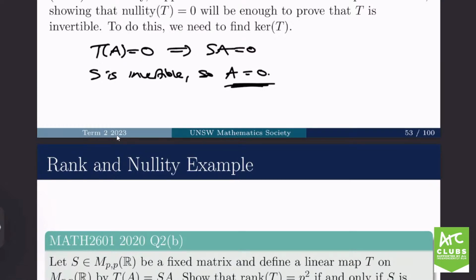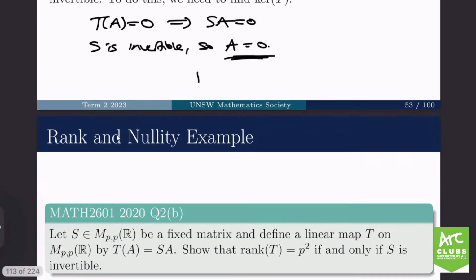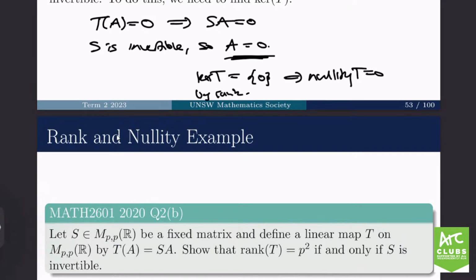So the kernel of T is 0, and hence nullity of T is 0, implying by the rank nullity theorem that the rank of T must equal the dimension of the original vector space, which is P squared.